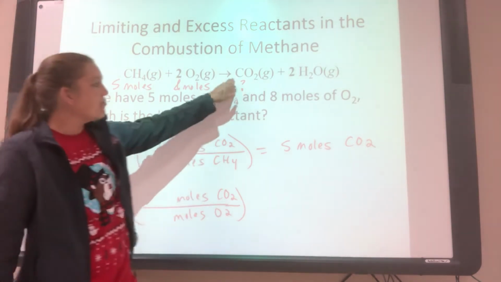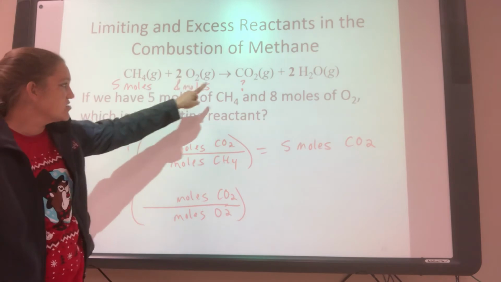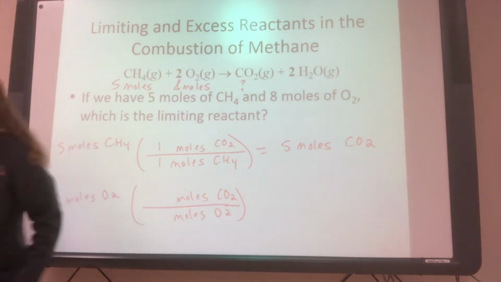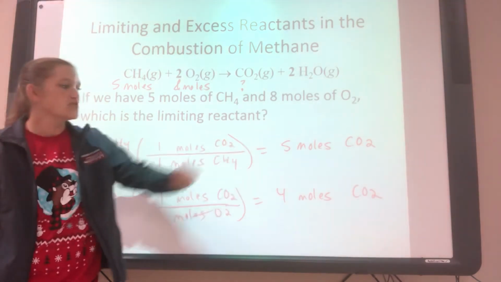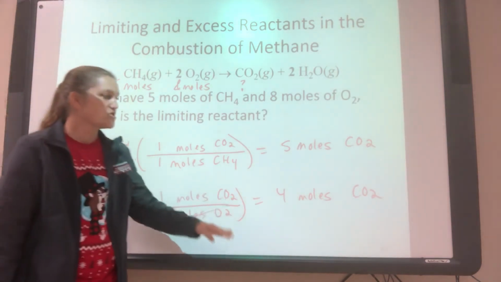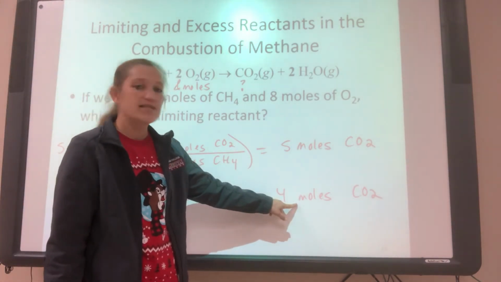For every 1 mole of CO2, I have 2 moles of O2. So it's a 1-to-2 ratio. So 1 mole of CO2, 2 moles of O2, and I get 4 moles of CO2. So I took my bread, how many sandwiches? I took my cheese, how many sandwiches? Which one gives me the least amount? This one gives me the least amount.